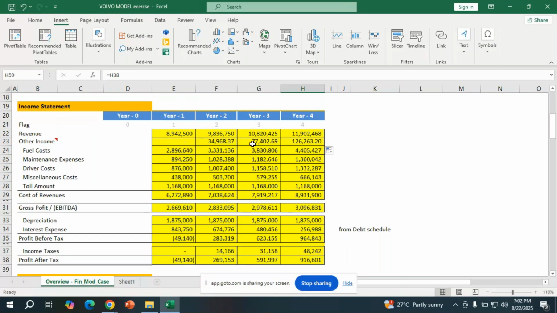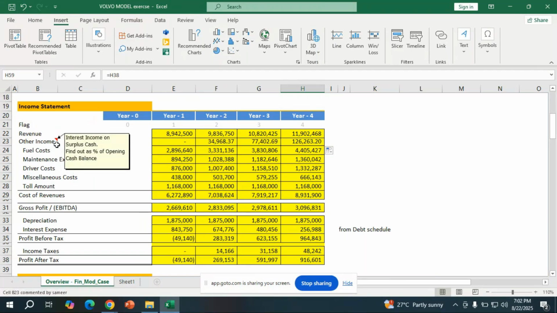So now for year four, you have to take year three. For year three, you have to take year two. For year one, it will be zero, like that. Just one simple logic. Previous year closing balance will become this year's opening balance. Now here what I've given is that the other income calculation is a percentage of the opening cash balance.